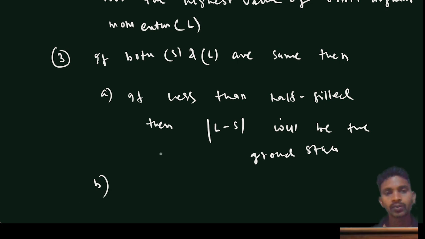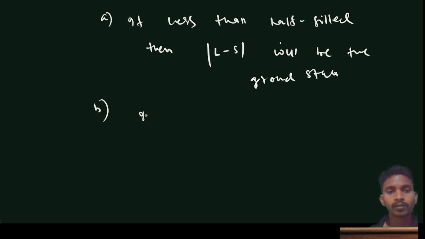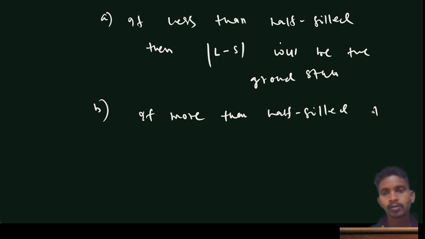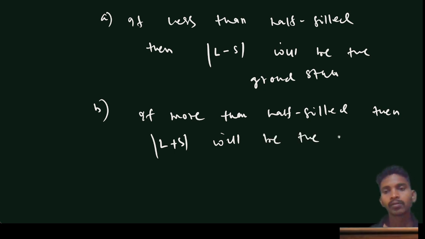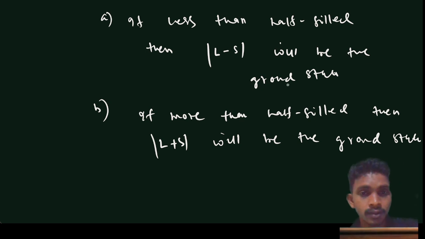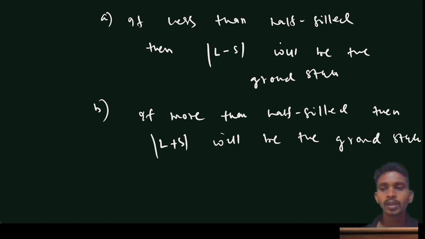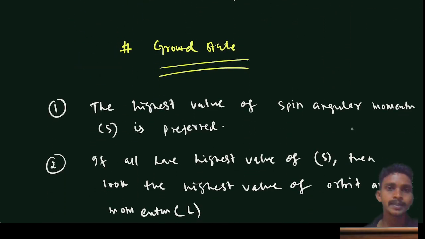And if it is more than half filled, then L plus S will be the ground state. So we have calculated the terms and term symbols, and now we want to know which is the ground state. For that we have to follow these three steps.